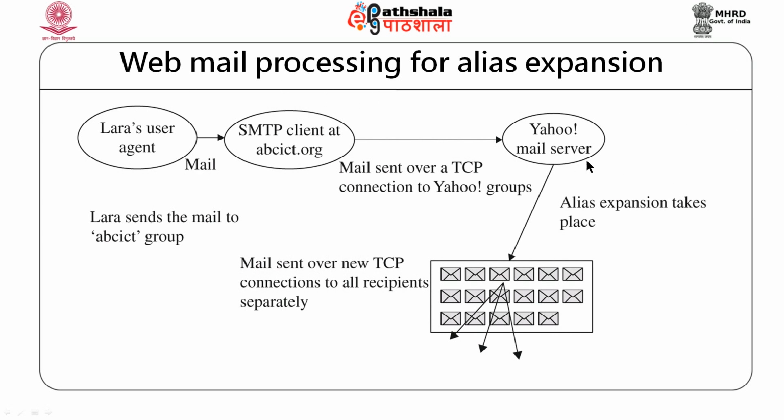For example, in the Yahoo group example that I gave, Lara's user agent sends a mail and the client sends it to the Yahoo mail server. Once this Yahoo mail server receives it, alias expansion takes place there, because it is a Yahoo group's case. So it travels as a single mail to the Yahoo mail server first, and then alias expansion takes place. Every one of the members will receive an individual mail using a separate TCP connection.